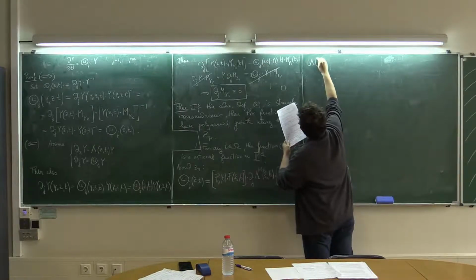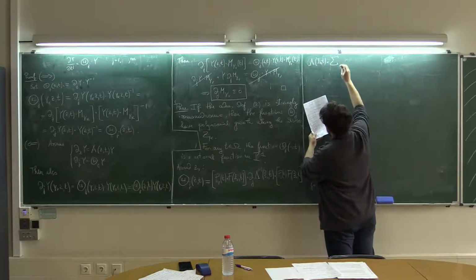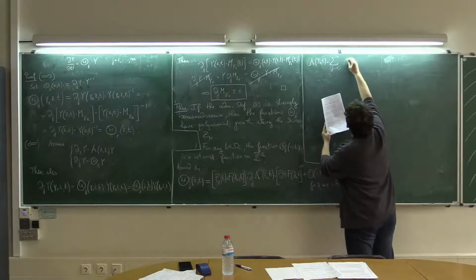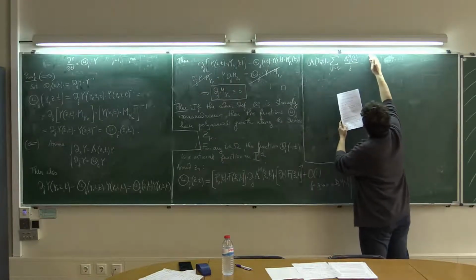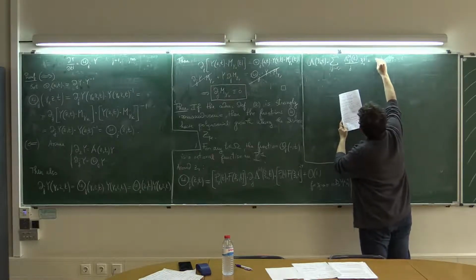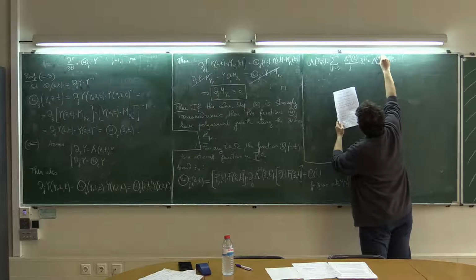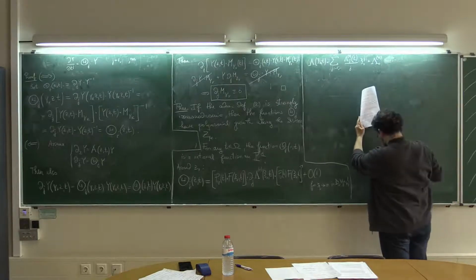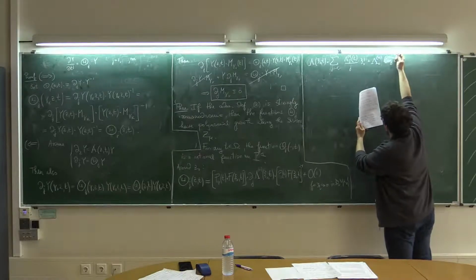Capital lambda of xi nu and t equals the sum, j up to r nu minus 1, of lambda nu j t over j times xi nu j, plus the matrix lambda 0 nu times log of xi nu.